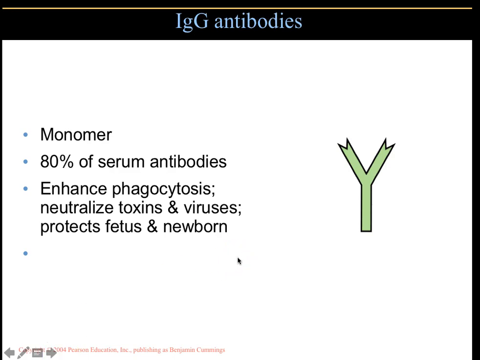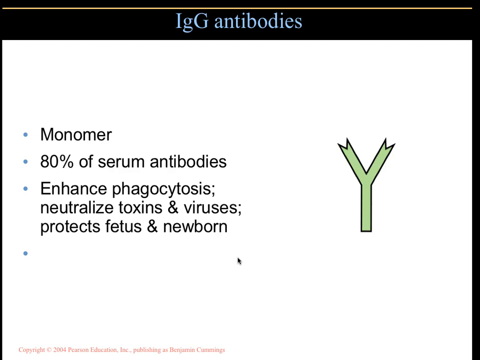Okay, antibodies come in humans in 5 flavors: IgG, IgA, IgM, IgD, and IgE. I'm only going to cover 4 because those are the 4 that are more prevalent in either vaccines or in fighting disease in different parts of the body.